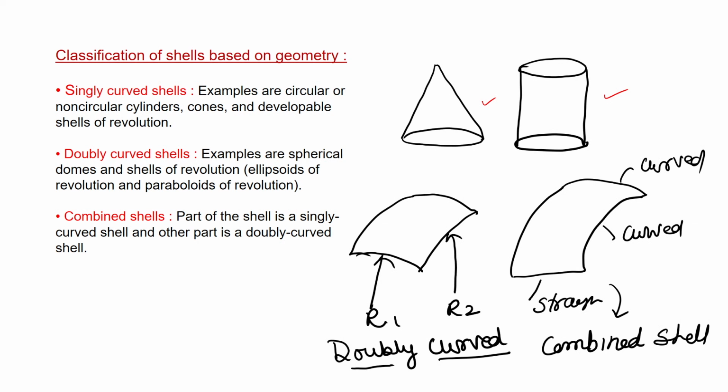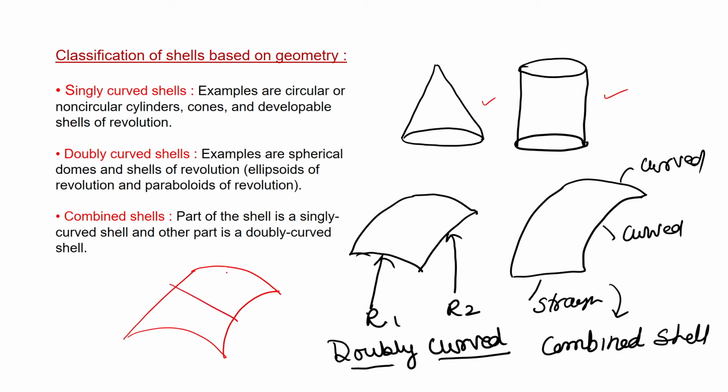There may be some shell surfaces which are combined, like if you want to take a patch where in one direction it is a straight line, but in the other direction it is curved, like basically the roof of a building. In that case it will be a mixed kind of thing, where some part is doubly curved and some part is singly curved.